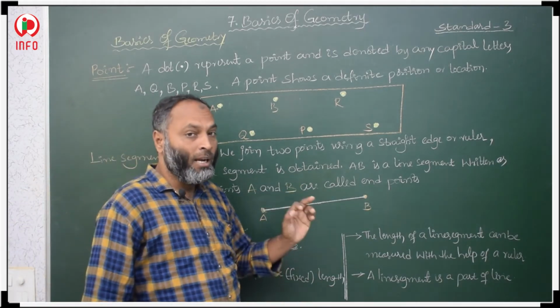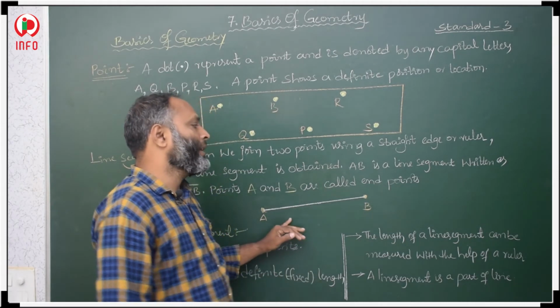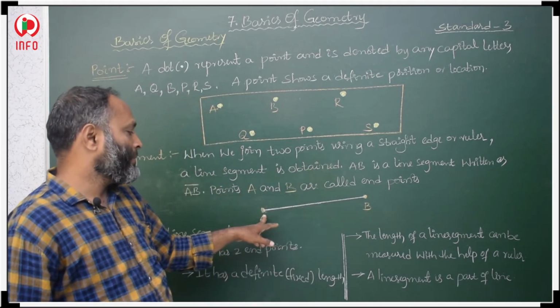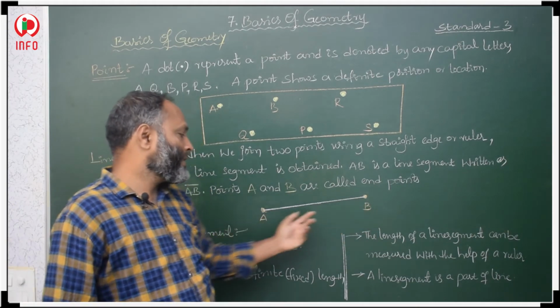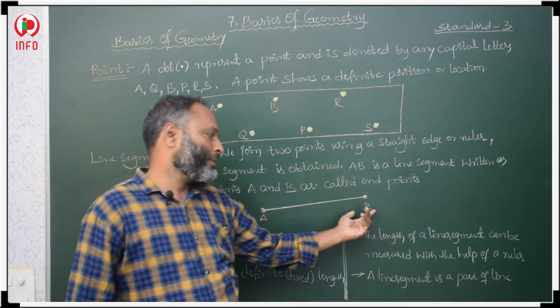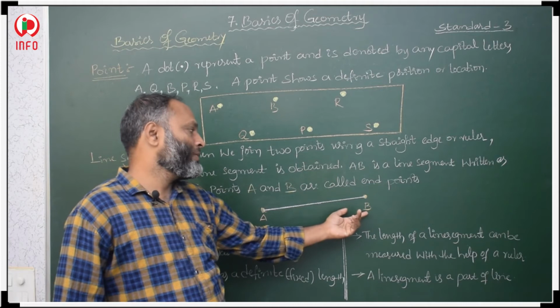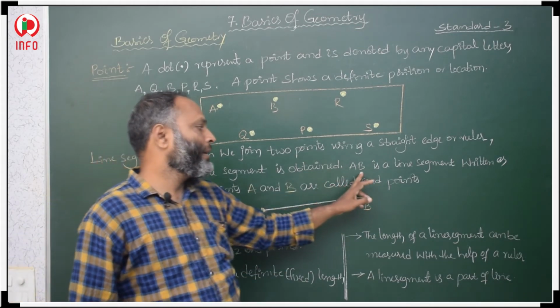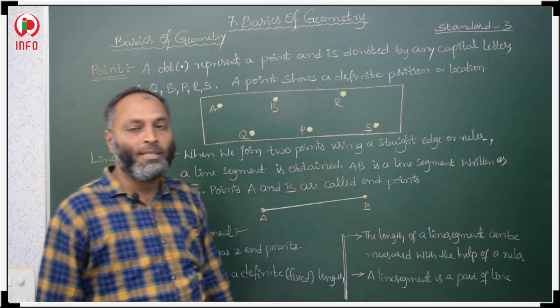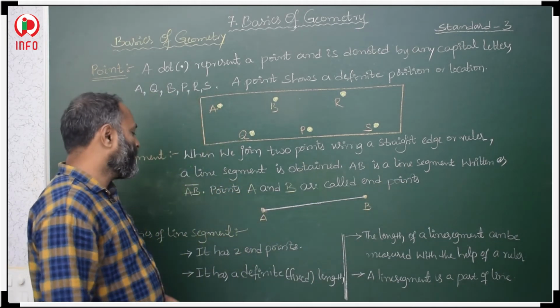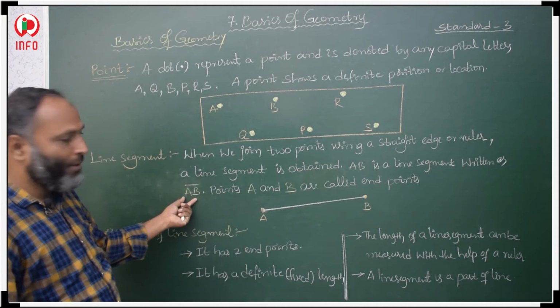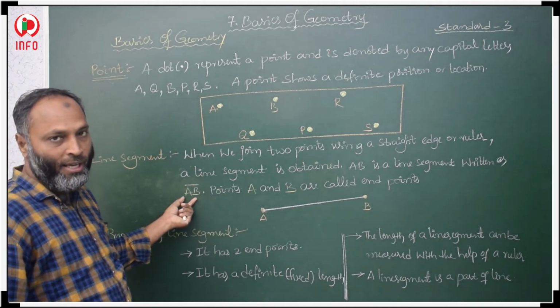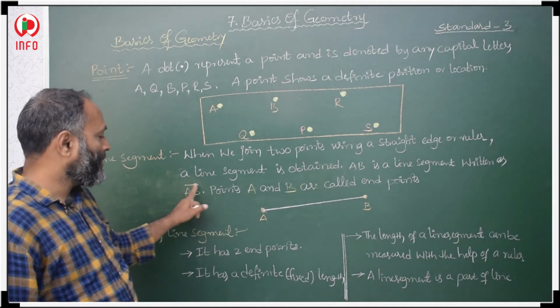Here AB is a line segment: this is point A and this is point B. These 2 points we joined with a ruler, so we call it AB is a line segment. Then how do we write this line segment AB? We take the letters AB, and on top we have to draw a line.